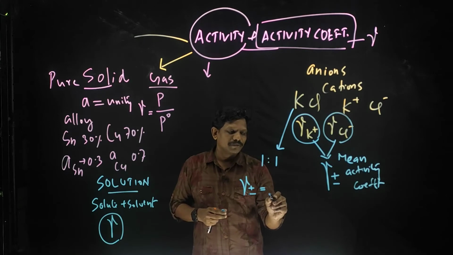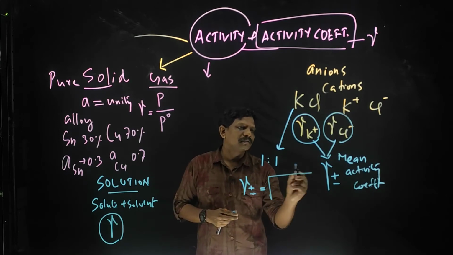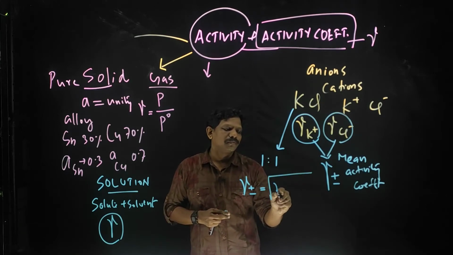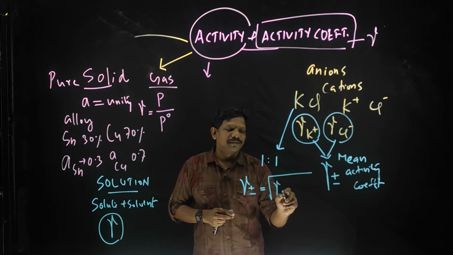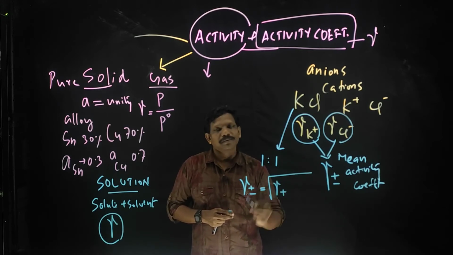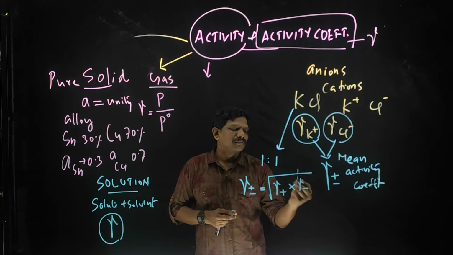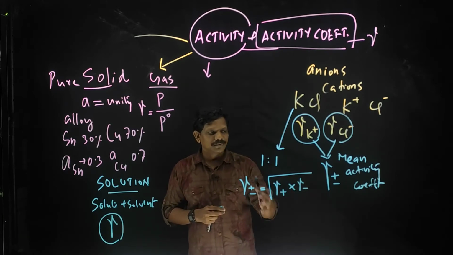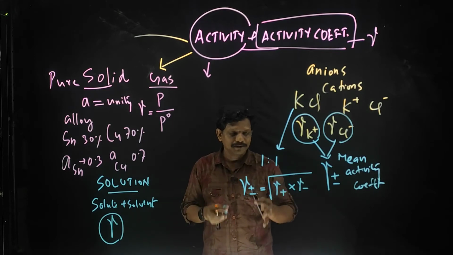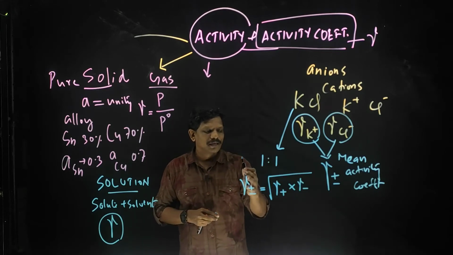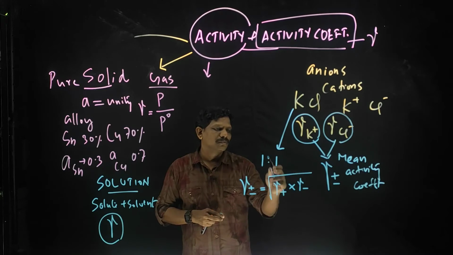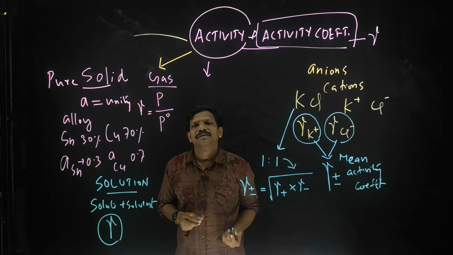It is the square root of the activity coefficient of the plus ion into the activity coefficient of the minus ion. That is why I told you it is a geometric mean. Gamma plus-minus is equal to this, for this particular 1:1 system.